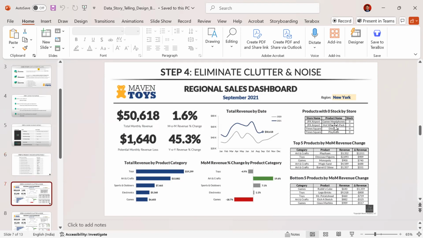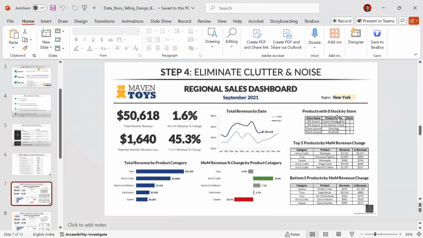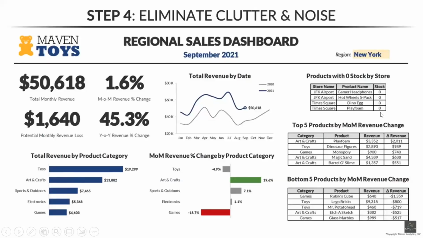And products with 0 stock by store also we are calculating here. You can see here, stock on hand, we are building a table, nothing but on hand stock, it is showing as 0 for these products. You see, all these are 0. So which are impacting the revenue loss, right? Yes or no? So I need to focus on these particular products store wise.